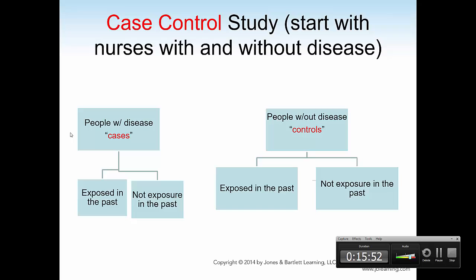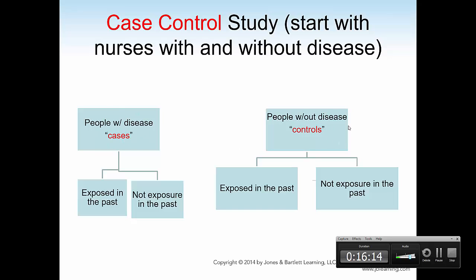The way to know that it's a case control study, here's a hint. On a test, if it has cases, people with disease, versus people without disease, and that's where you start, and they say control, okay, that's a case control study. Key terms, clues. This provides us a way to do some comparisons. People with disease are called the cases.